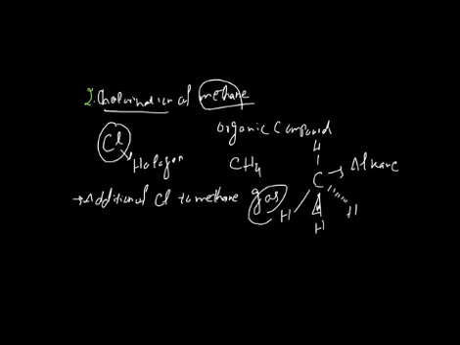So how does this chlorine add to the methane? If we write the chemical equation, CH4 methane plus Cl2 is converted into CH3Cl plus HCl.